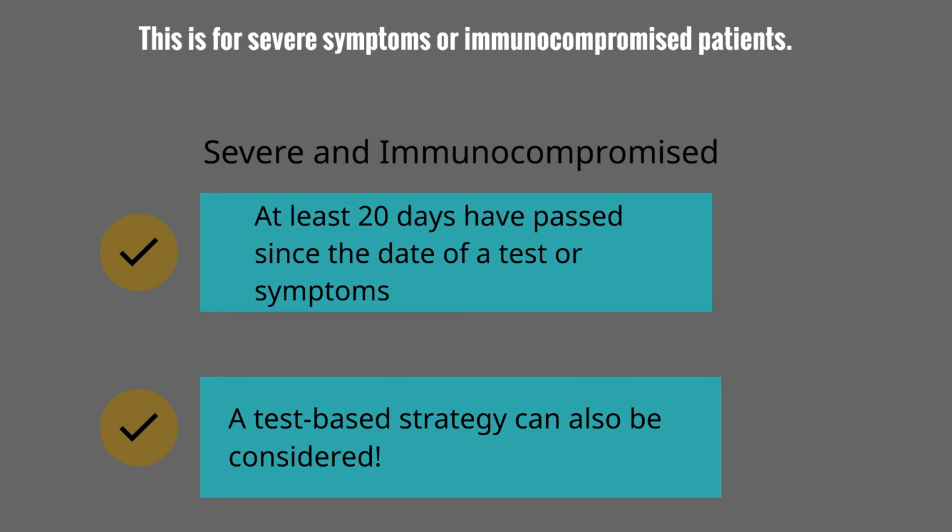There are some test-based strategies as well that can be considered, and that's based on whatever your healthcare provider is going to tell you to do. But if you had a severe case or were immunocompromised, these are the new criteria to end isolation.